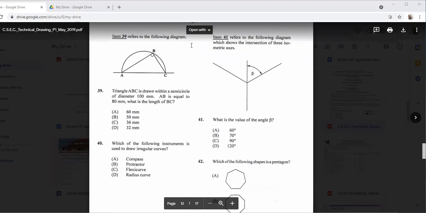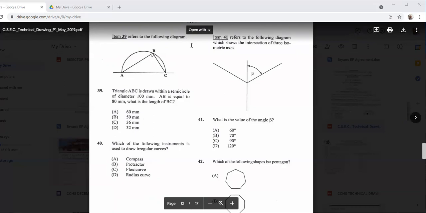Triangle ABC is drawn within a semicircle of diameter 100 millimeters. AB is equal to 80 millimeters. What is the length of BC? So here is 80.